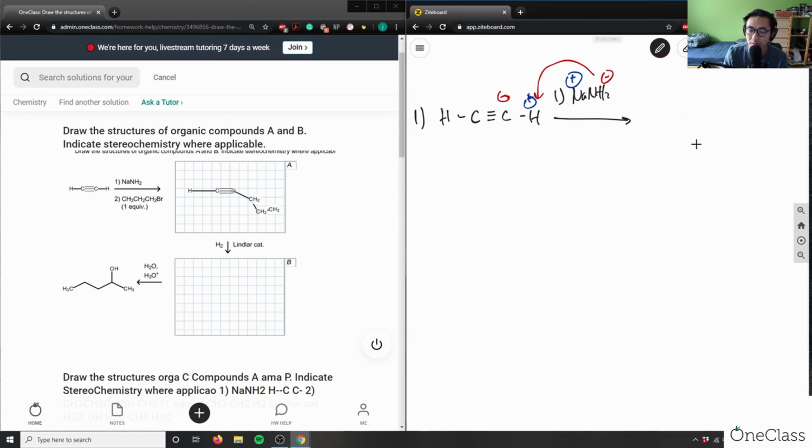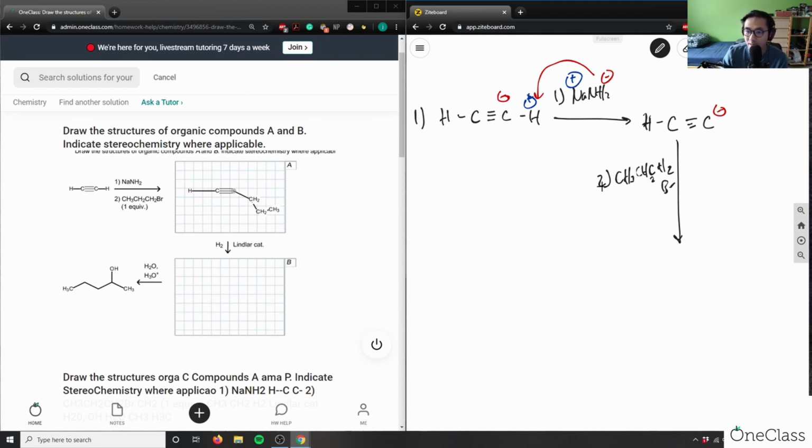So what we're going to get is something like this: H, C triple bond C, and then a negative charge on my carbon here. So this is an extremely potent nucleophile, and it's going to react with step 2. Step 2 is adding CH3CH2Br, and it's going to attach to this negative charge here.